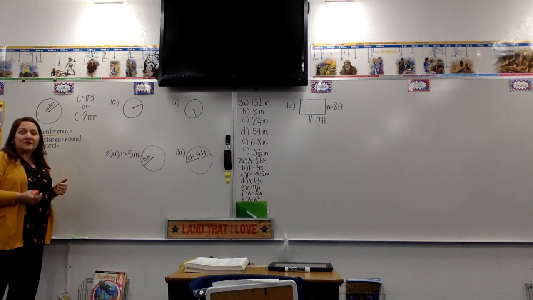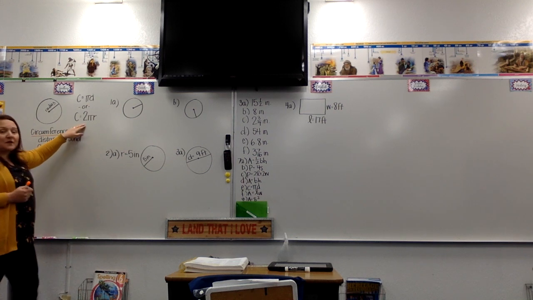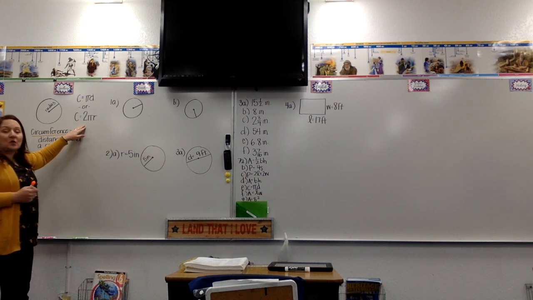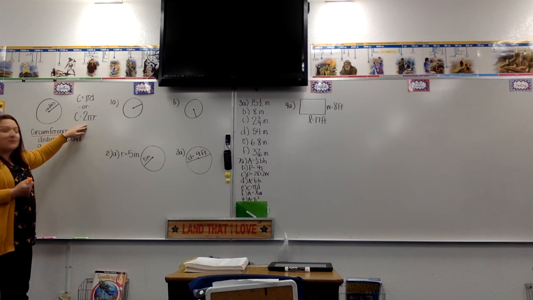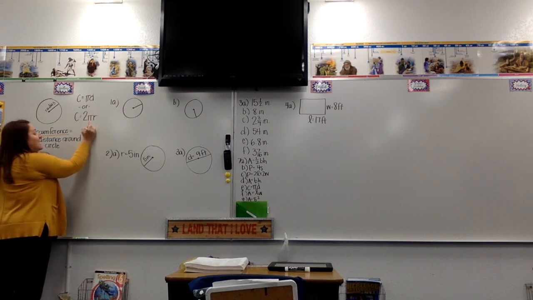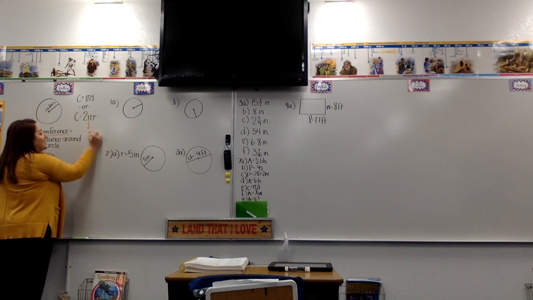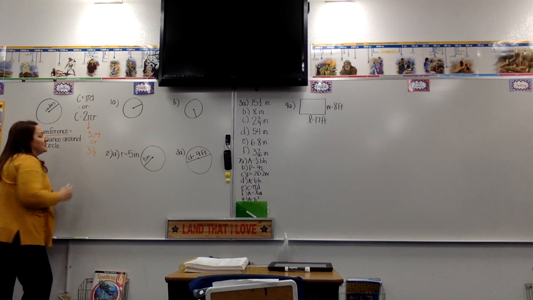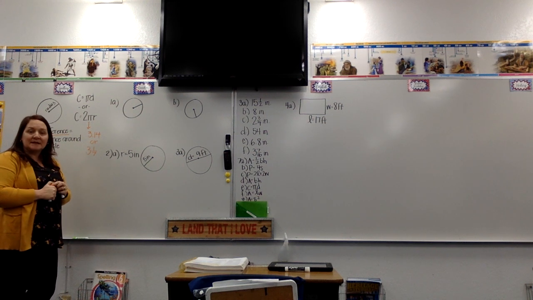The formula for the circumference of a circle using a radius is C equals 2 pi r. 2 times pi, remember yesterday we figured out pi was 3.14 or 3 1/7, times your radius.